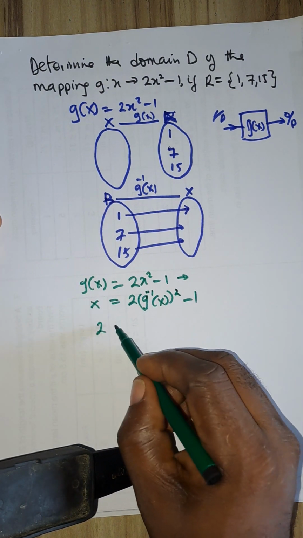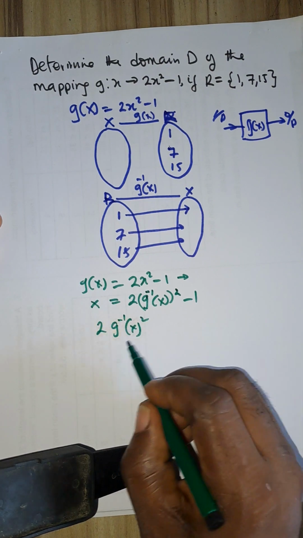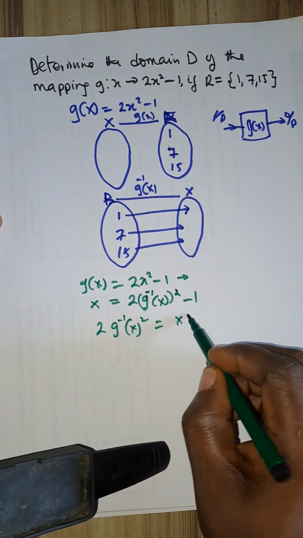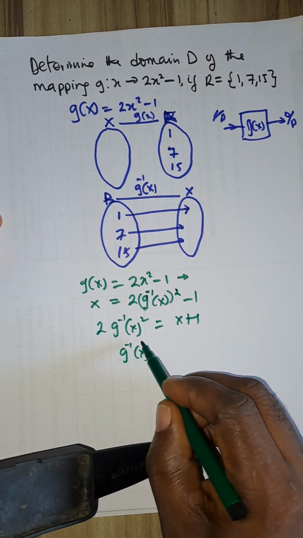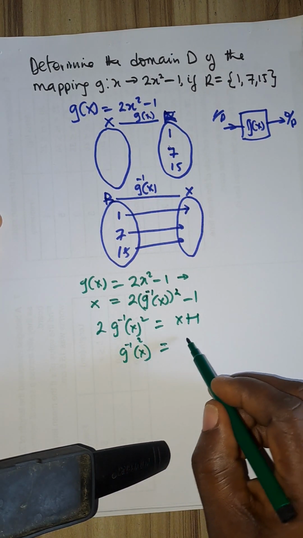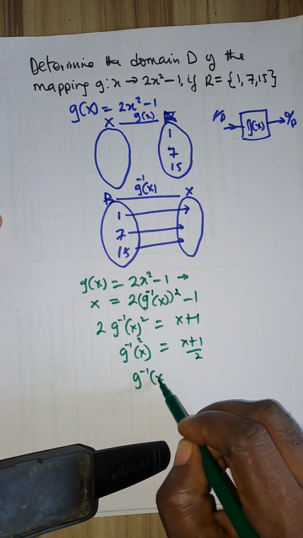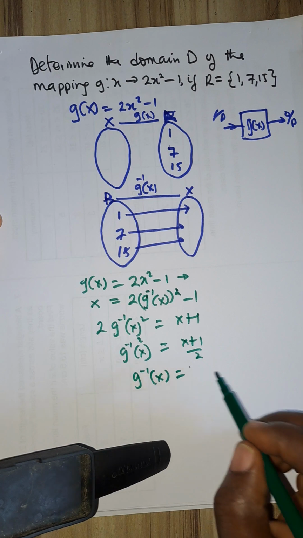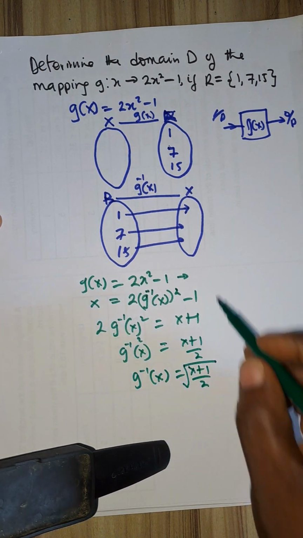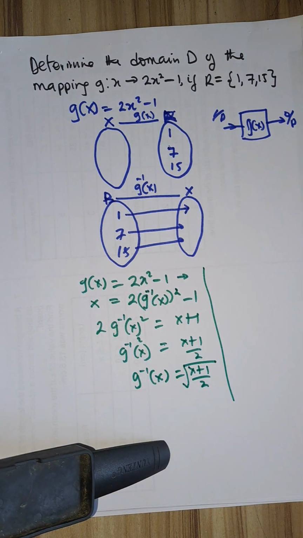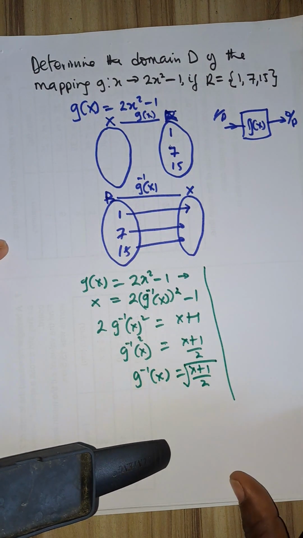So we have 2 g inverse of x squared equals x plus 1. So g inverse of x squared will equal x plus 1 over 2. See that? So the inverse will be the square root of x plus 1 over 2. Now we'll work it out here. Now what is g inverse?